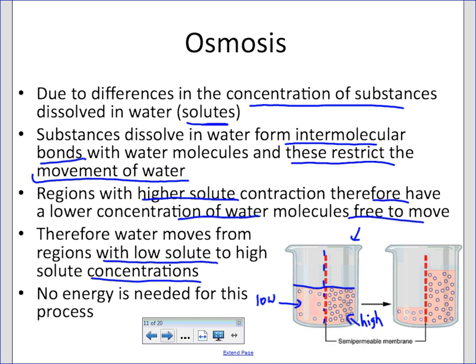Over time, because there are more free water molecules on the left-hand side and a lower number of free water molecules on the right-hand side, more of those free water molecules are able to travel from one side to the other. You'll get more water molecules traveling from one side than the other, and you'll eventually reach a point where the concentrations of those two solutes will be equal on the two sides of that membrane.